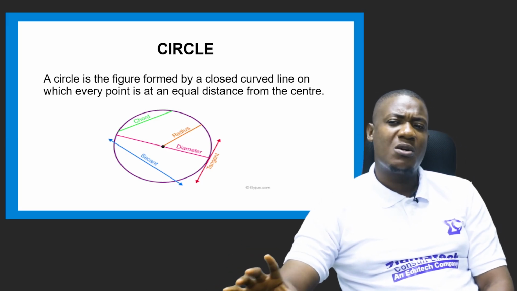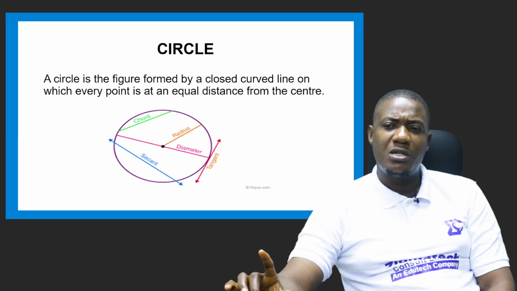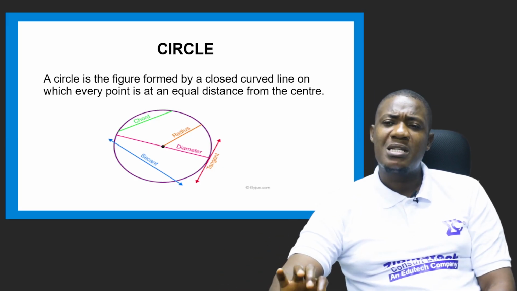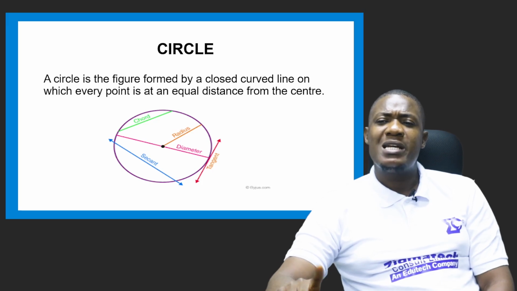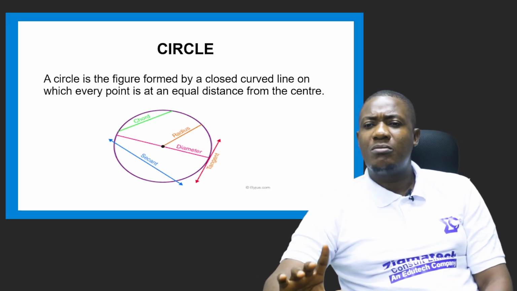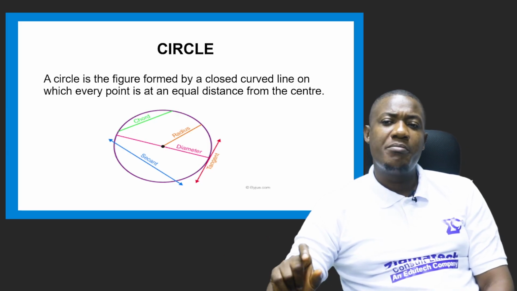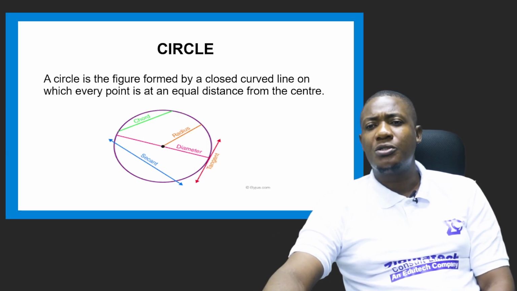That's the difference between a quadrant and a sector. If you're not careful, you mistake them to be the same thing, but they're not the same thing. A quadrant makes an angle of 90 degrees, while a sector makes an angle that is not 90 degrees when the two radii meet, like we'll see on the board.